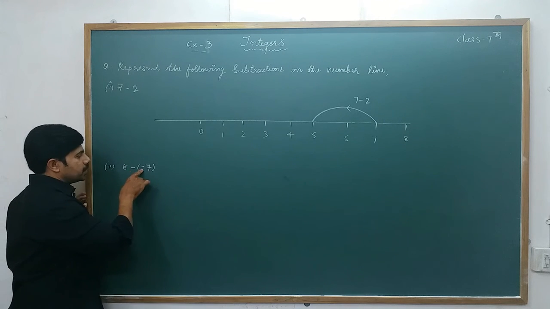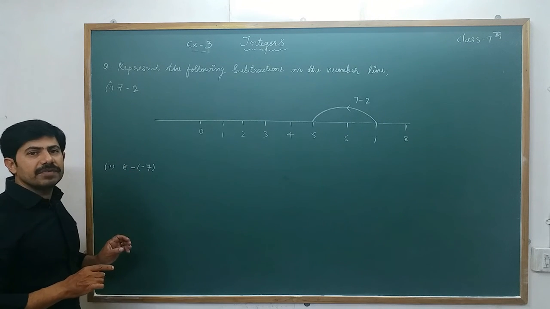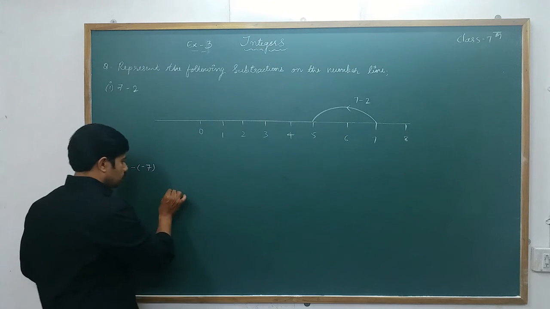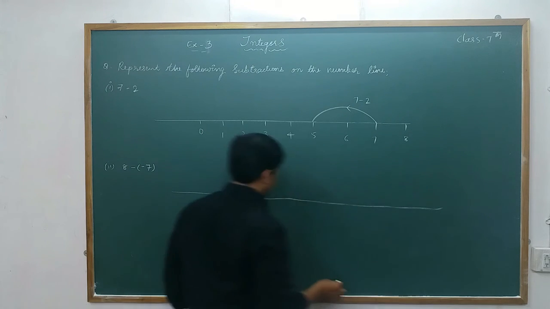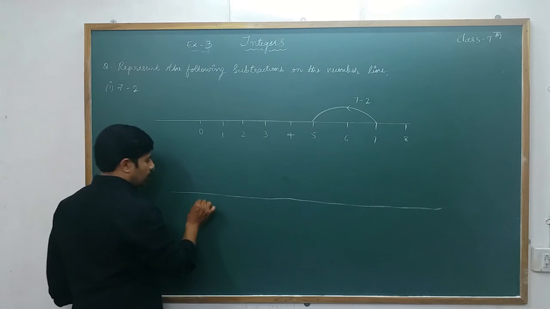So in general, minus into minus is plus. 8 plus 7, 15. Draw one number line. So all are positive integers.